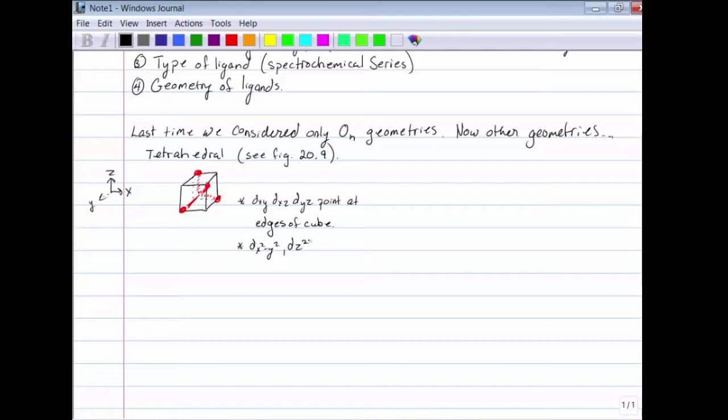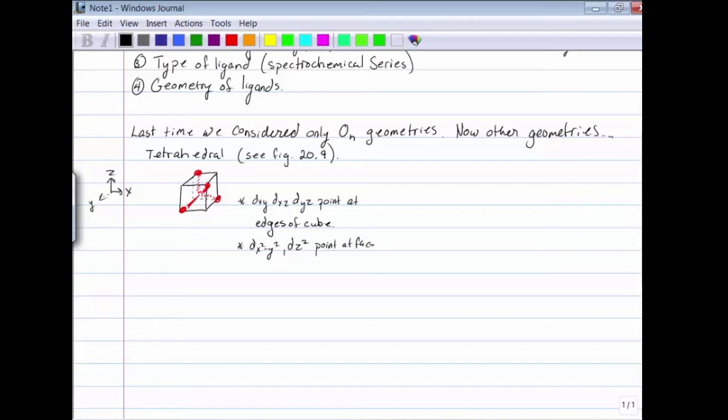And you'll have to look at the picture in figure 20.9, or you can come into my office and look at the d orbitals. It's kind of hard to see in a drawing, but the orbitals that are pointing to the edges are actually closer to the ligands than the ones that point at the faces of the cube.